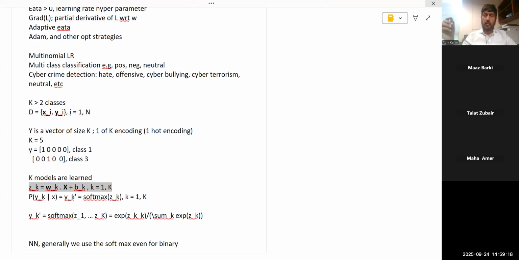It has its own parameters wk and bk for a given x. But the output of the model, since we want probabilities, we will pass it through the softmax so that the y prime k, prime just meaning that this is the output, to distinguish it from yk of the actual data. Okay?